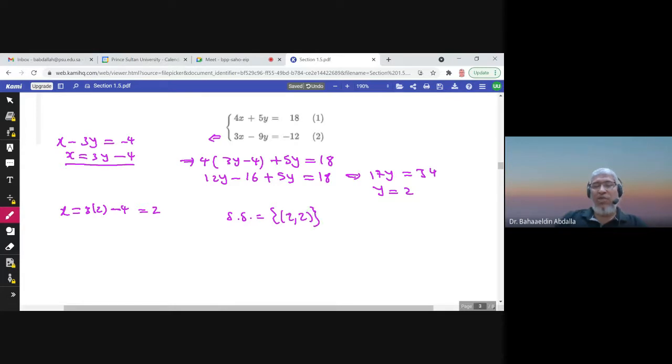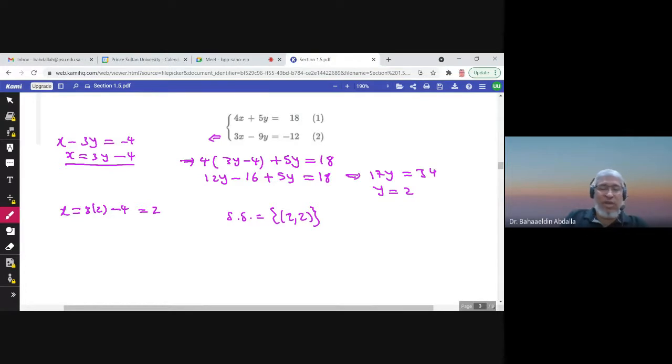Now you can check your answer by substituting in the two equations and make sure that 2 satisfies both equations. Or if you can use the calculator, you can go to mode 5 equations, or if you have a different version, you go to equations. One of the choices is the solution of linear equations in two variables.